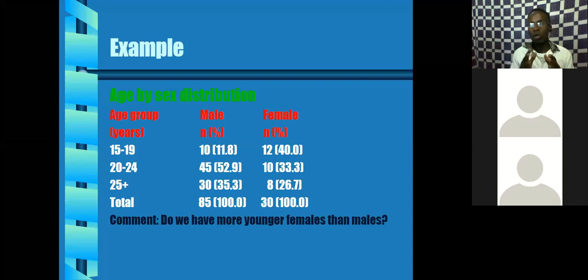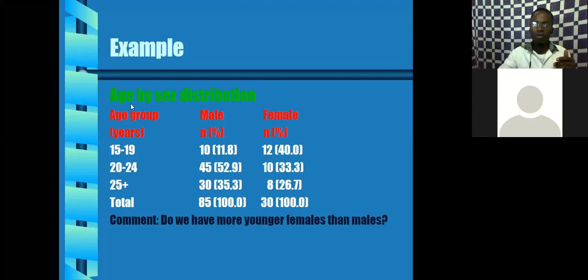All right. So in such a case, to avoid so much work, to make sure that it's not cumbersome for you, you make groups. In this case, you have age groups. So for example, you have those that are aged between 15 and 19, those that are aged between 20 and 24, and those that are above 25.